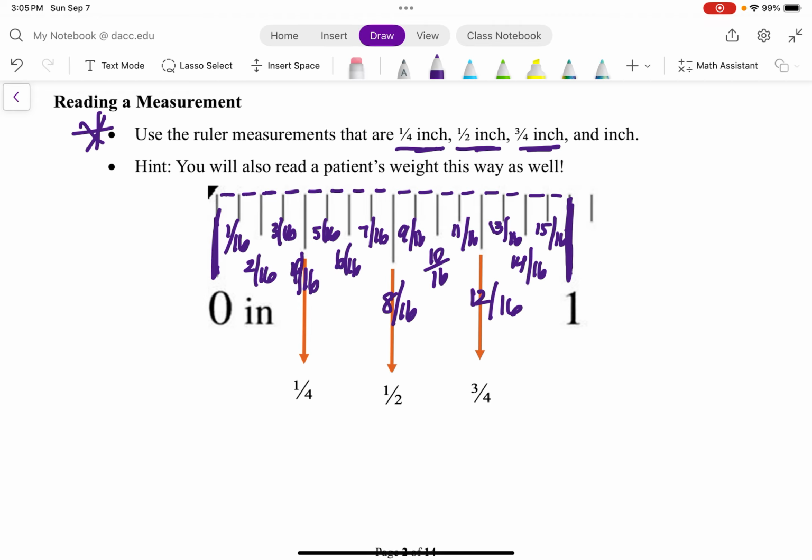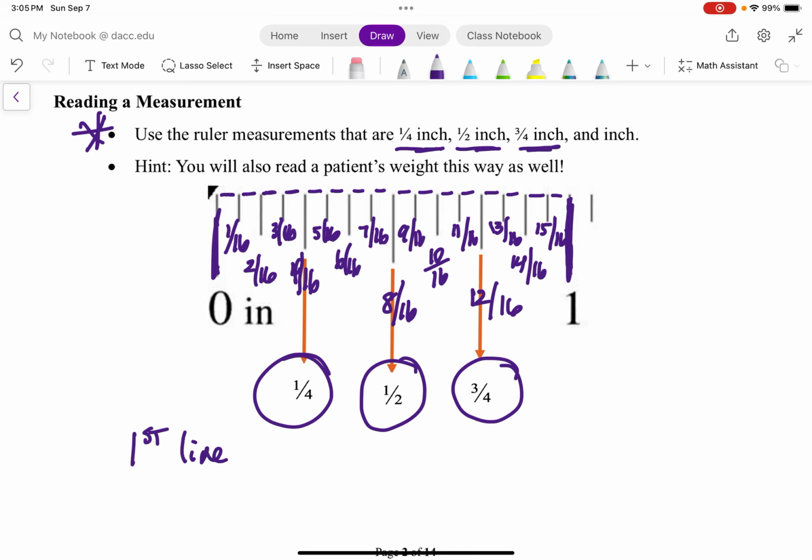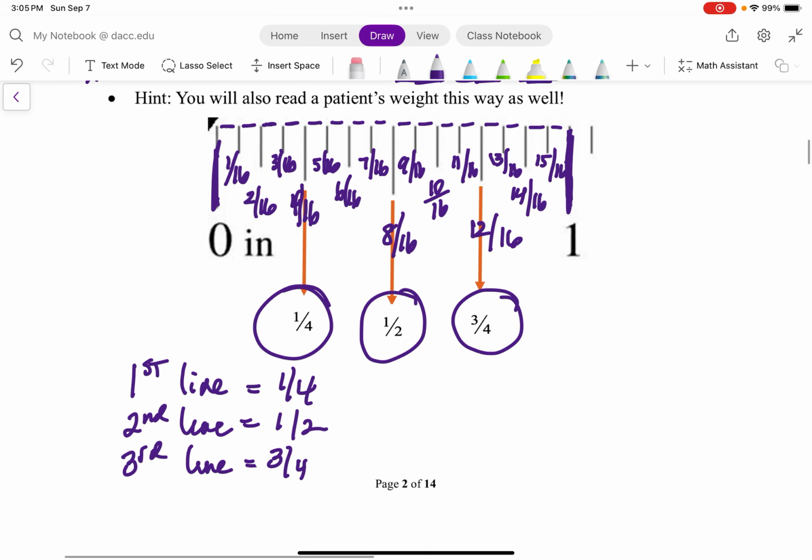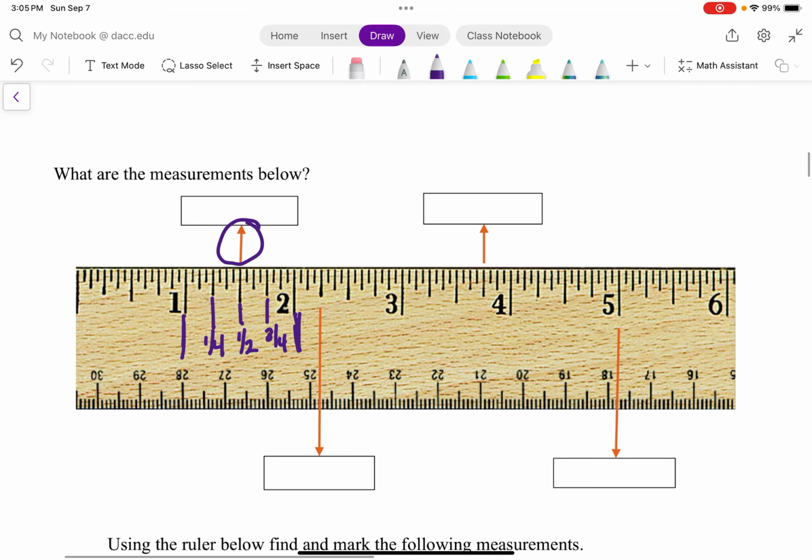So the first big line, quarter. Second line is a half. Third line is 3/4. So remember, first line is 1/4. Second line, 1/2. Third line, 3/4. That's what you have to remember on these.